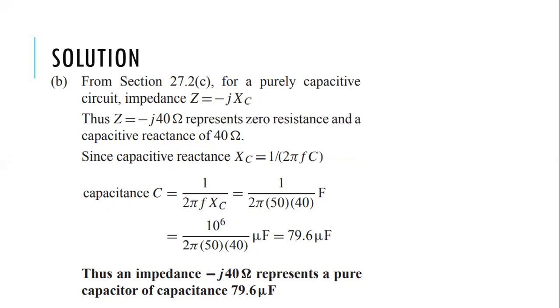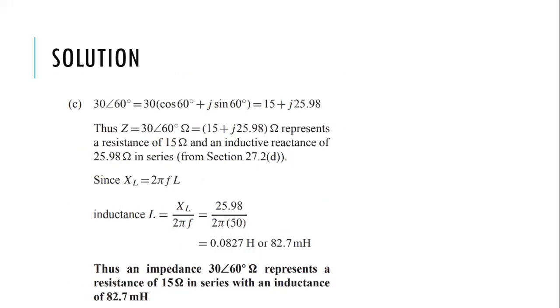So that means what we have in that circuit is 79.6 microfarad. For the C part of the question, Z is equal to 30 at an angle of 60 degrees. When you do the trigonometric ratio, it will be 30 times cos 60 plus j sine 60.